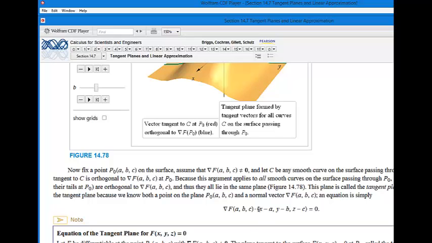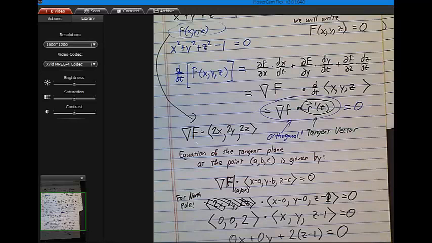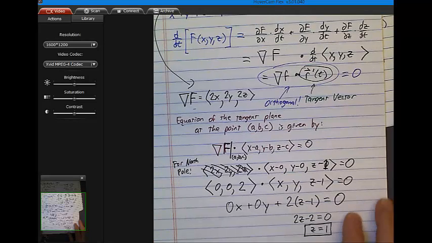Yeah, but the question is, why do we have the x minus a, y minus b, z minus c? Let me get that. You should be able to say v of t is equal to that.